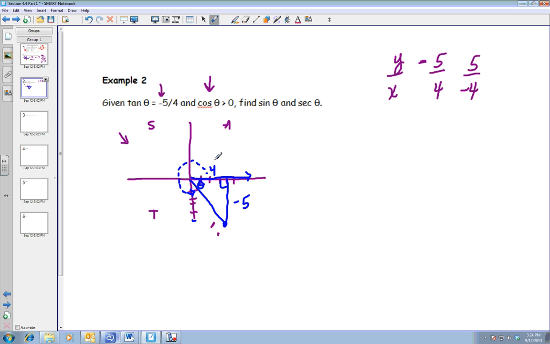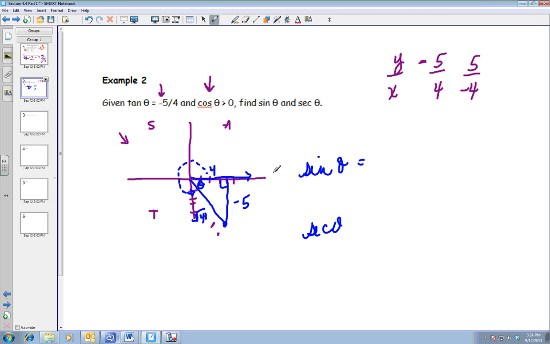If I do the Pythagorean theorem to find this third side, 4 squared plus 5 squared, and then take the square root, that third side is the square root of 41. Now they want me to find sine theta and secant theta. Well, we know that sine is y over r.